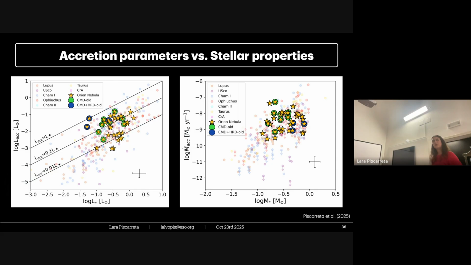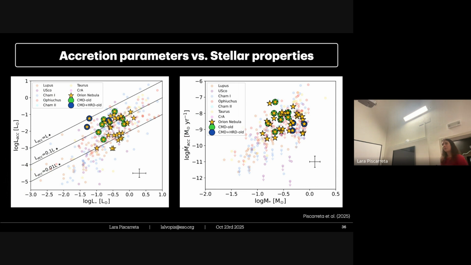Another thing that I want to point out is in this plot right here, which shows that for each bin of stellar luminosity, our seemingly old sources, which have these circular shapes, are among the ones that show higher accretion luminosity.